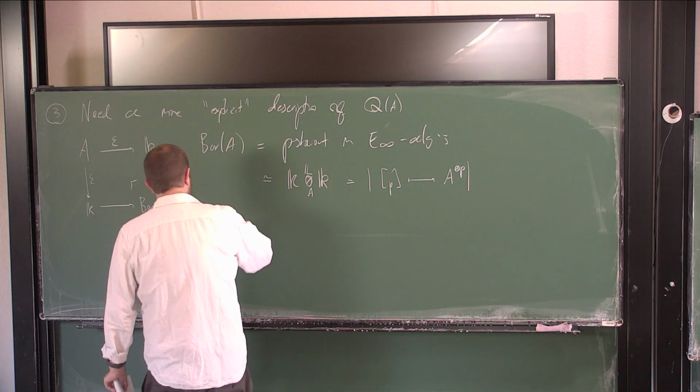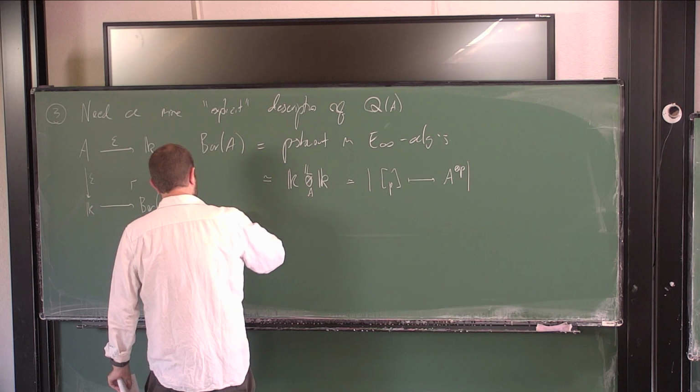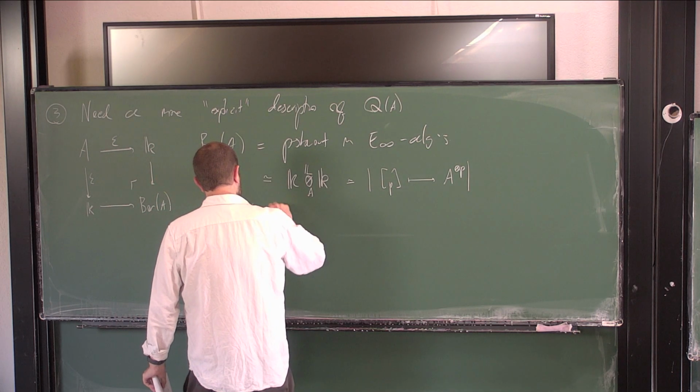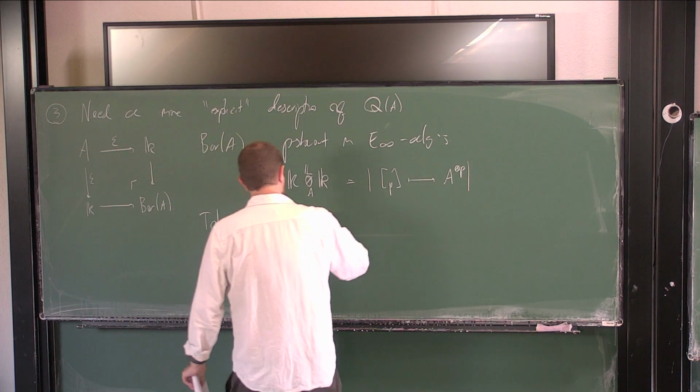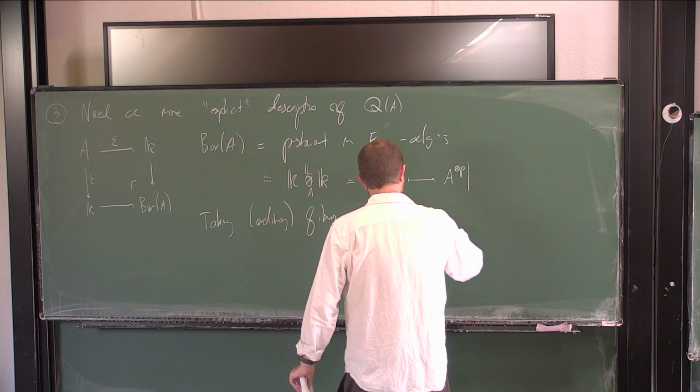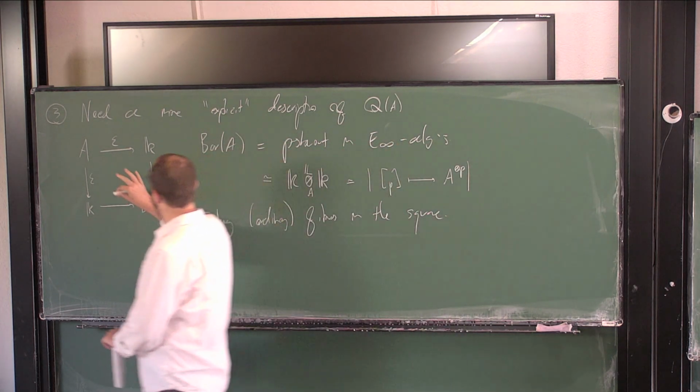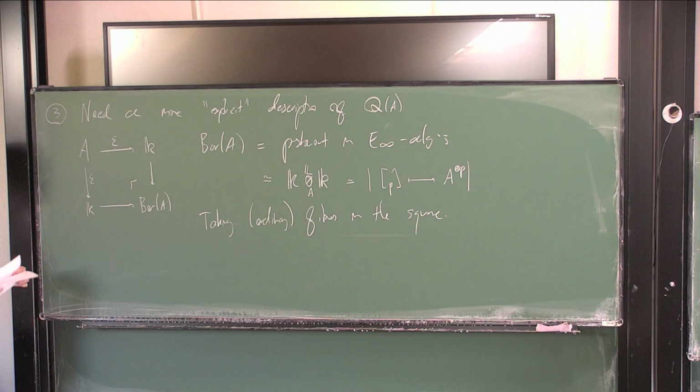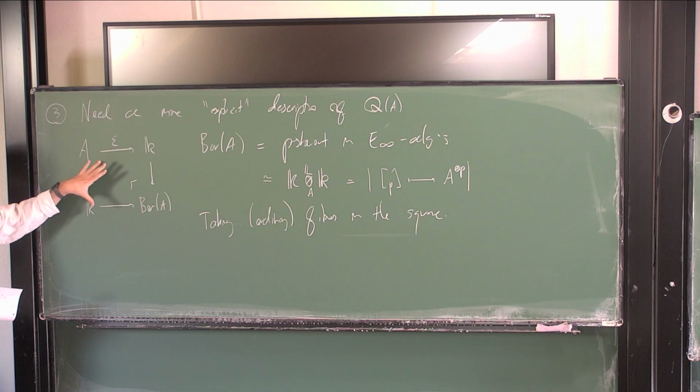So taking ordinary fibers in the square, so this is a push out of infinity algebras, but it's also just a commutative square in the category of chain complexes.